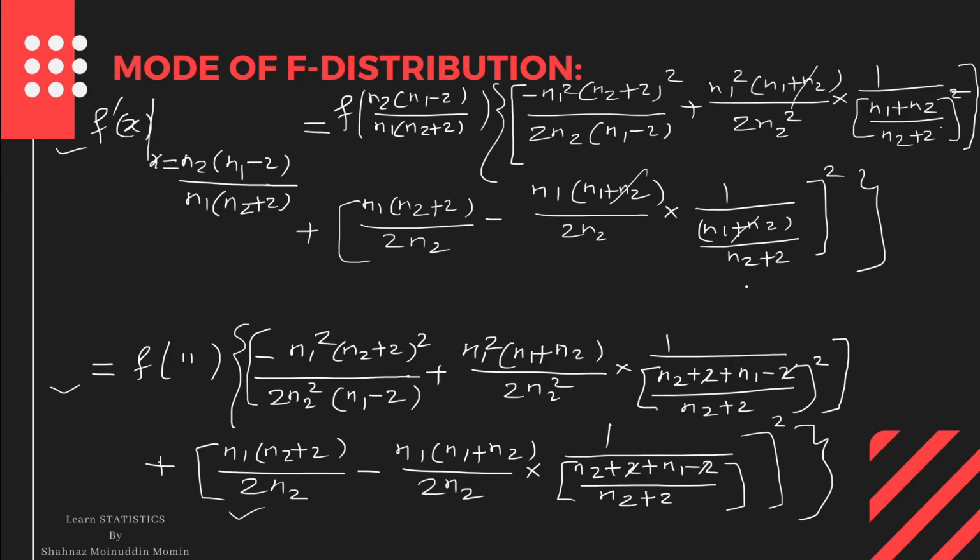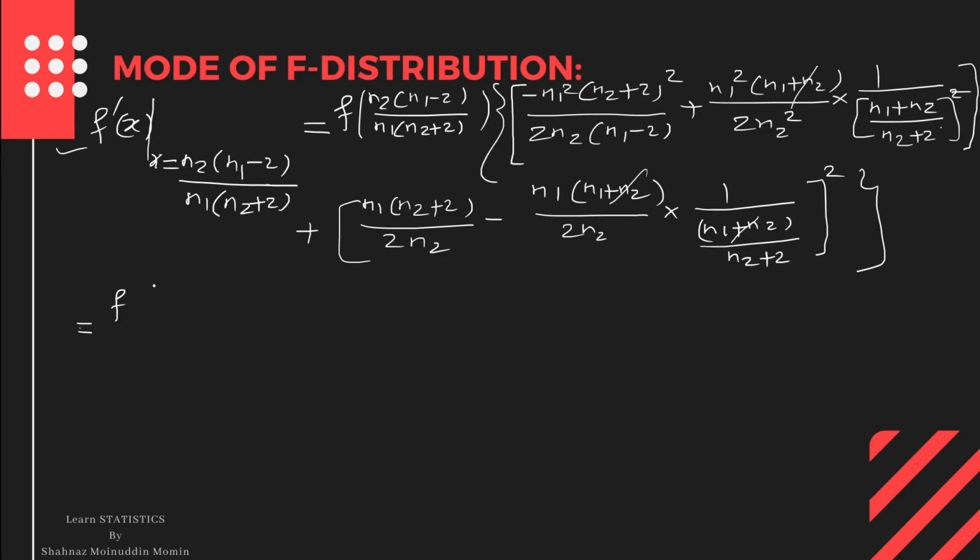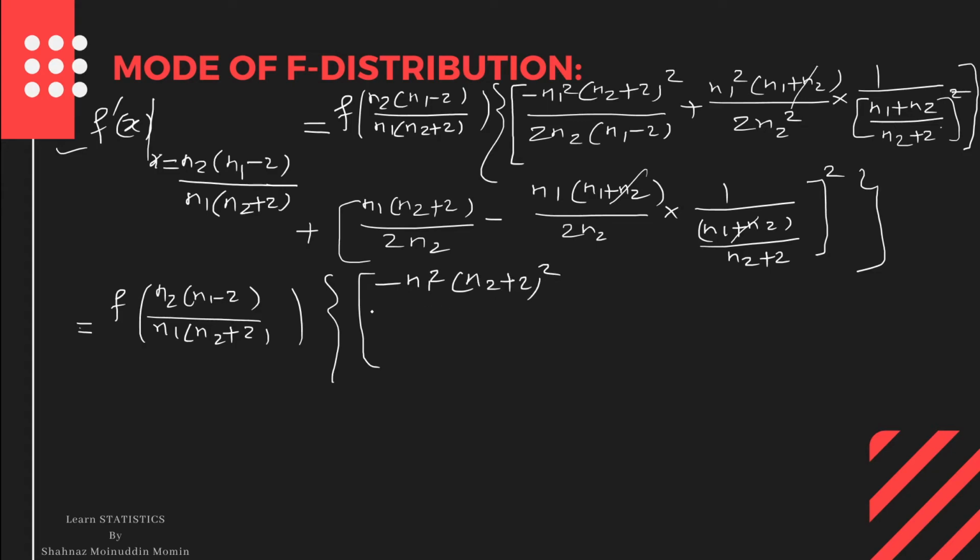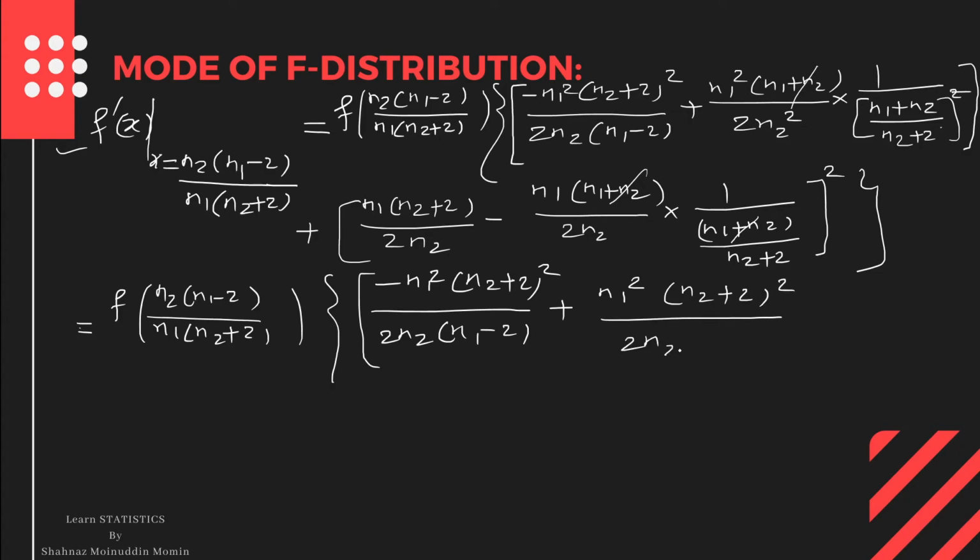So we shall write the next step. This is equal to f of n2 (n1 minus 2) upon n1 (n2 plus 2) into bracket minus n1 square (n2 plus 2) whole square by twice n2 (n1 minus 2) plus n1 square into (n2 plus 2) bracket square divided by twice n2 square into (n1 plus n2).